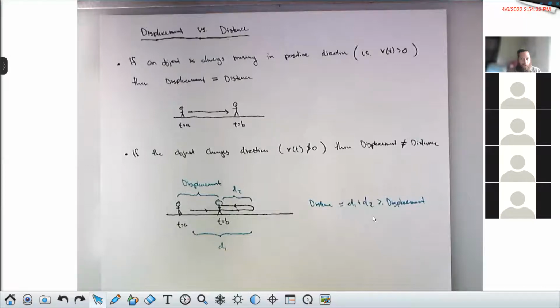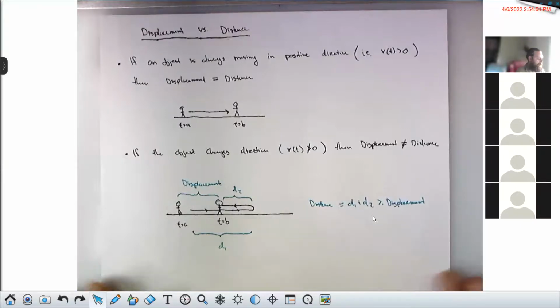And displacement will always be the integral of your velocity. Distance traveled will be the integral of kind of the velocity function if it were always positive. I'm going to write some stuff down here that seems silly, and then I'm going to give you some formulas, and then we'll do an example.